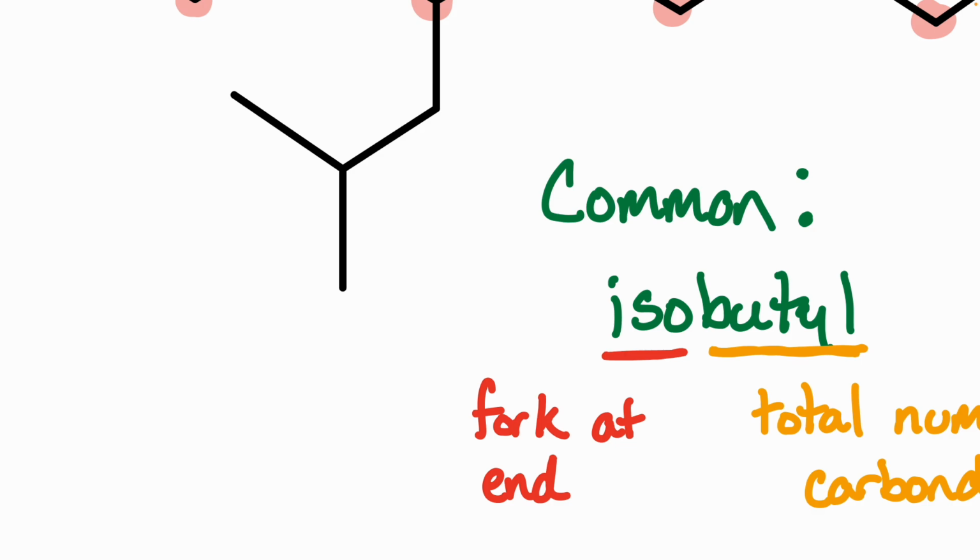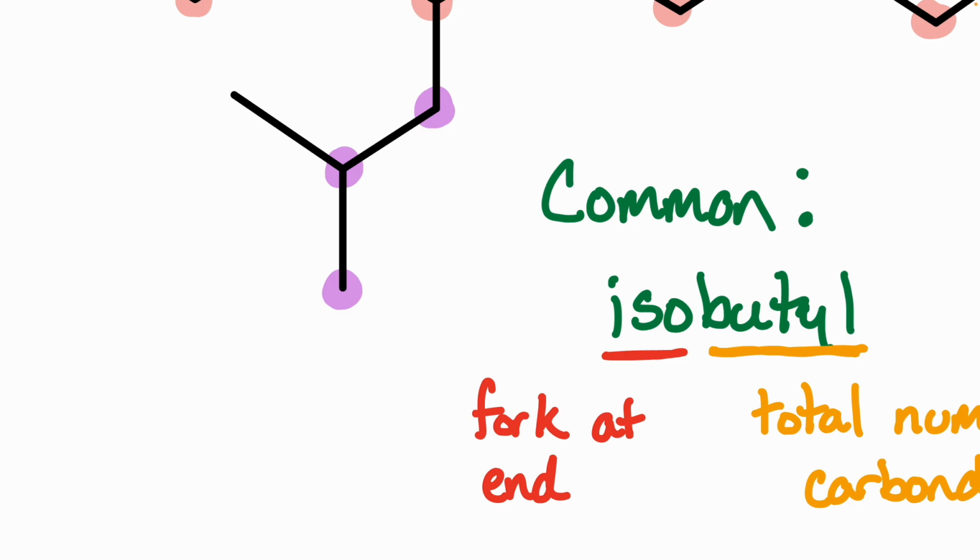So now we need the parent of the substituent. That would be this 1, 2, 3 carbon chain here. That's my longest set of continuous carbons within that branched alkyl group.